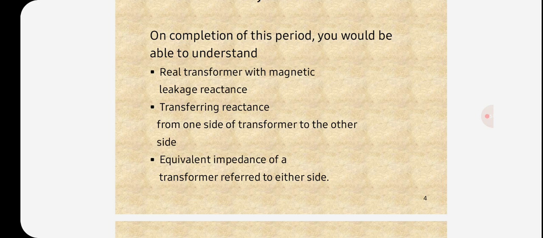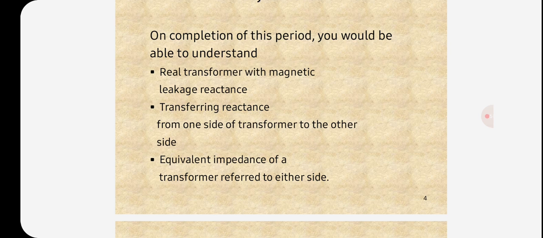Similarly, a part of the flux produced by the secondary winding does not link with the primary winding. A part of the primary flux, phi L1, does not link with the secondary winding, and a part of the secondary flux, phi L2, does not link with the primary winding.